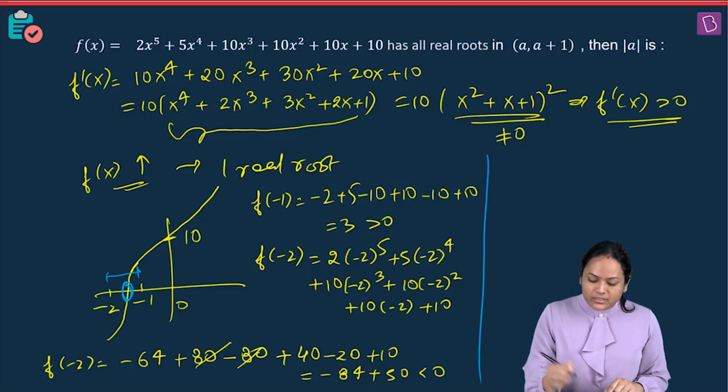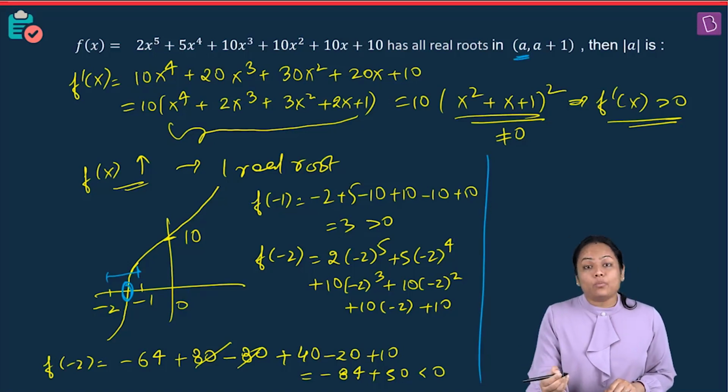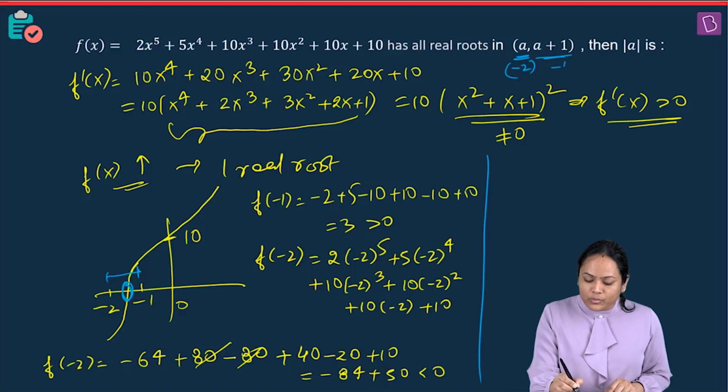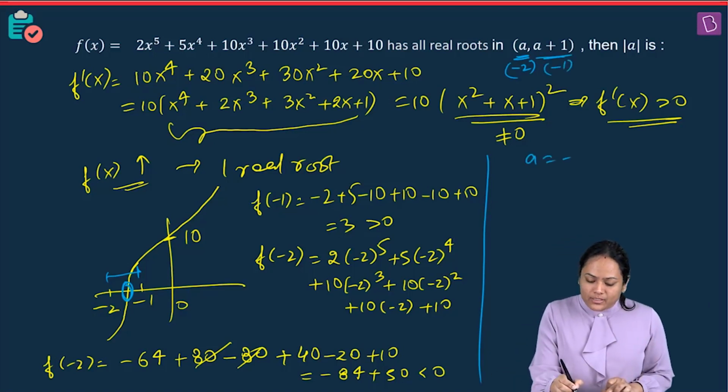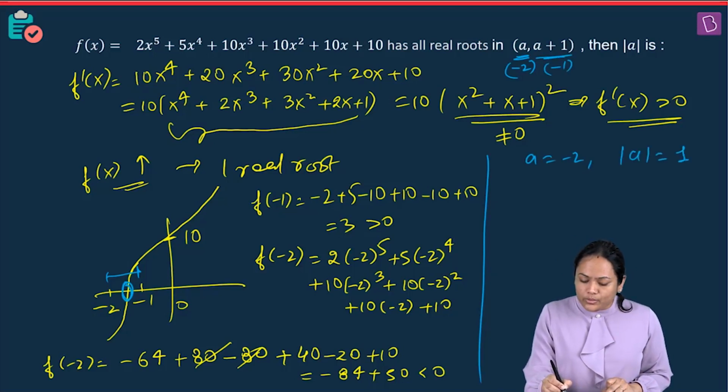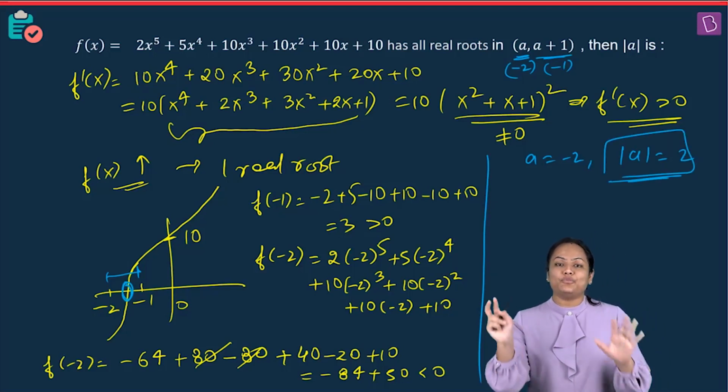That means further I can say that my A value in the question will be -2 such that my A plus 1 becomes -1, right? So my A value is -2 and my modulus of A will be equal to 2. This is the final answer for the question.